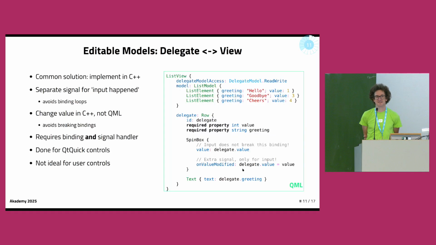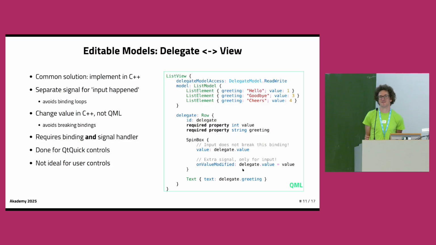And the solution is just implemented in C++. So basically that's what we do for all our controls in Quick Controls. The user interaction is hidden behind the curtains, and it updates the value property without QML being directly involved.